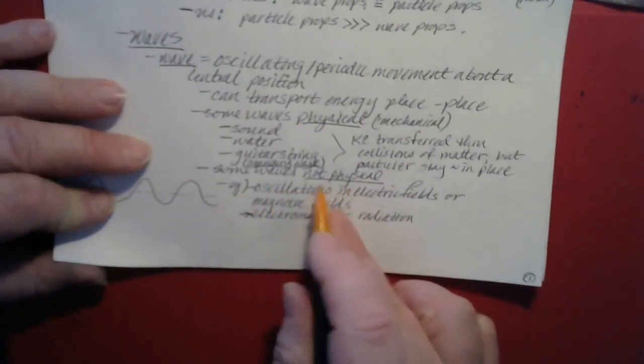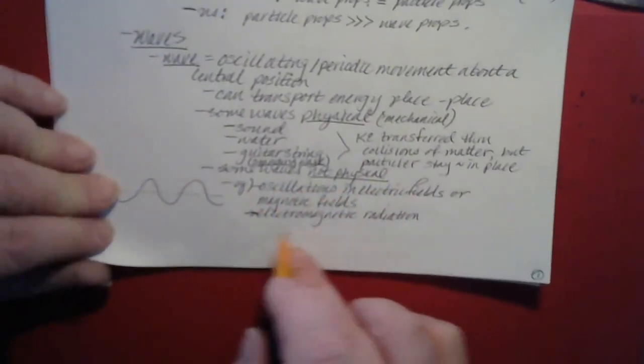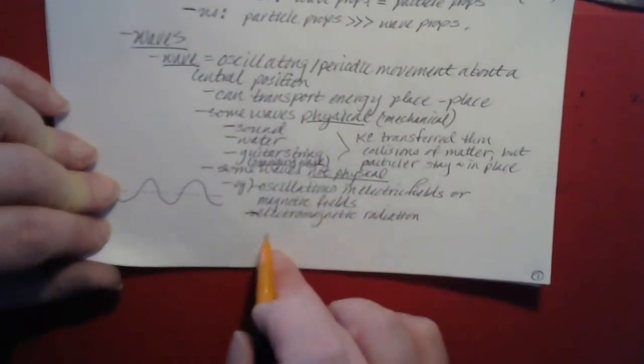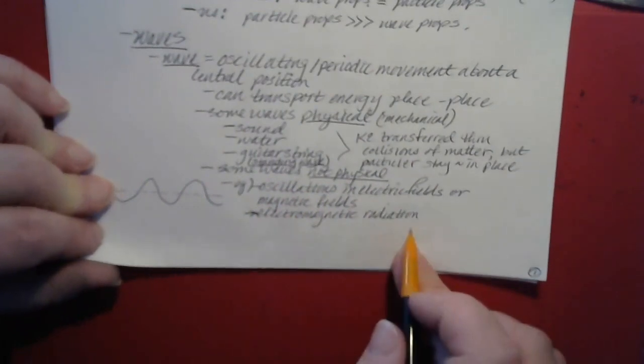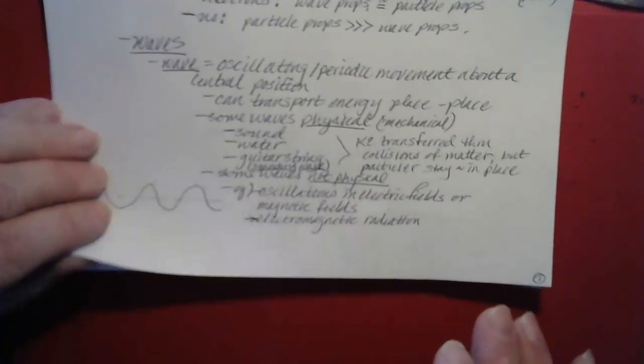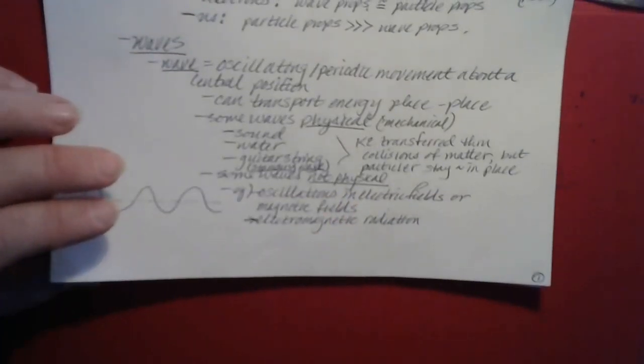Some waves, on the other hand, are not physical. With that, we're basically talking about electrical and magnetic fields, or in other words, electromagnetic radiation. So that's an example of a wave where, even though the photon physically exists, for the most part the wave properties are much more significant.